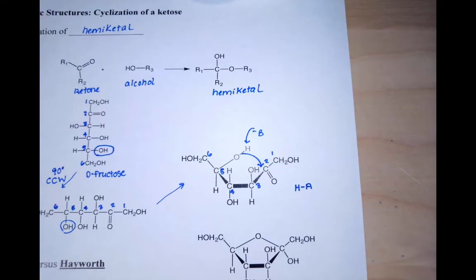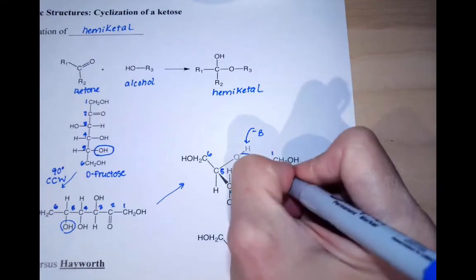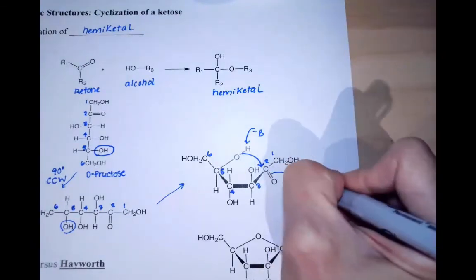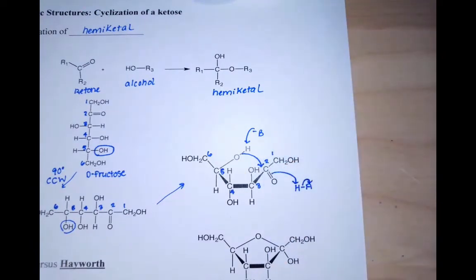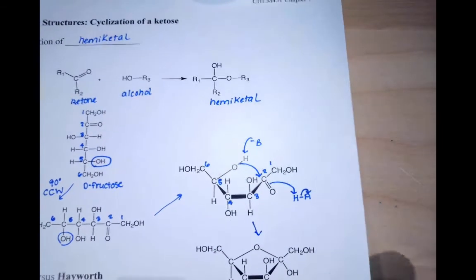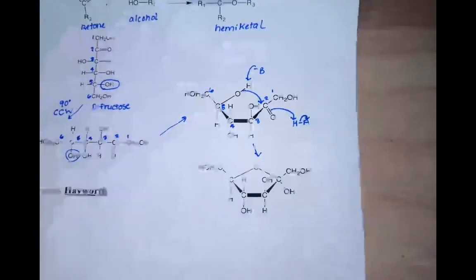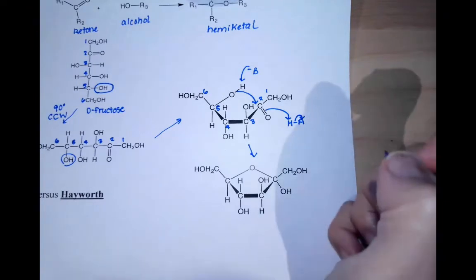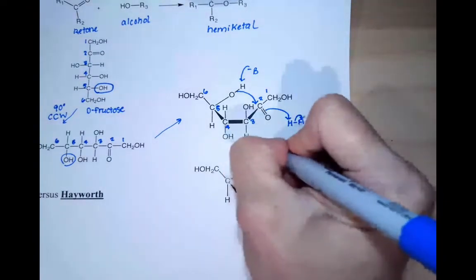So that's going to push the electrons up into the oxygen, which is then going to be protonated by acid. And we'll finally have ring closure to give us our new cyclic structure. So, if you notice, we now actually have a 5-membered ring. So a 5-membered ring is called a furanose.